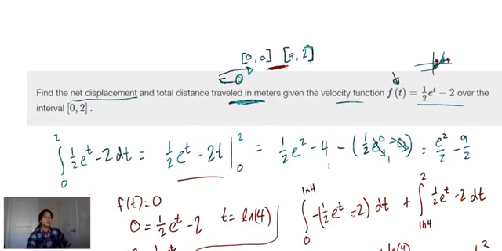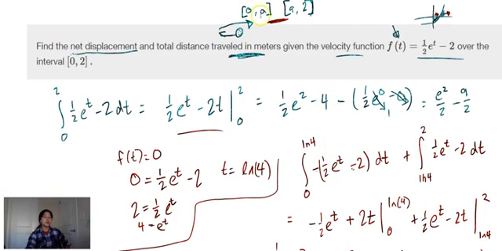The total distance traveled, we need to take into account the positive and the negative parts, because distance traveled means how far it's going, not how far it's moved total. Like looking at the step tracker versus looking at the snapshot of where you are. So net displacement is just looking at the starting and ending position and how those are different, and that is simply evaluating your definite integral.